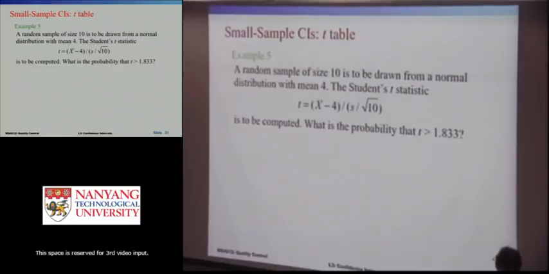When we look at this one, a random sample of size 10 is to be drawn from a normal distribution with mean 4. The student t statistic is computed. What's the probability that t is larger than 1.833?